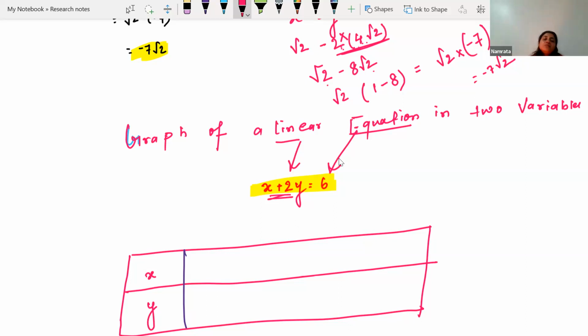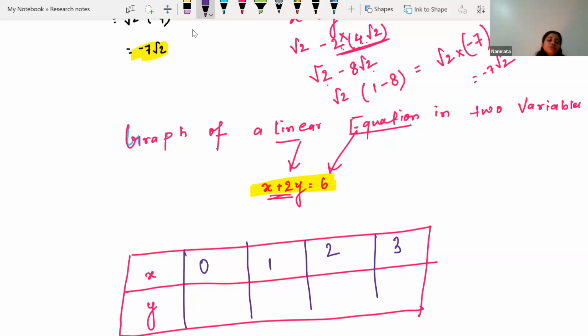For creating the points, if you recall what we discussed in yesterday's class, finding 4 solutions, 5 solutions, 6 solutions, we were taking some random value of x, maybe 0, maybe 1, maybe 2, maybe 3, and calculating the y value for that with the help of the given equation.